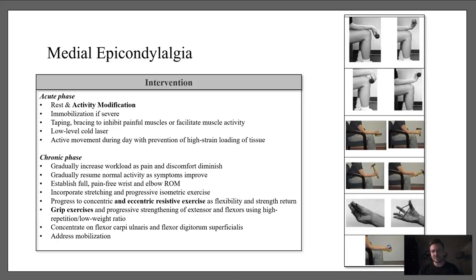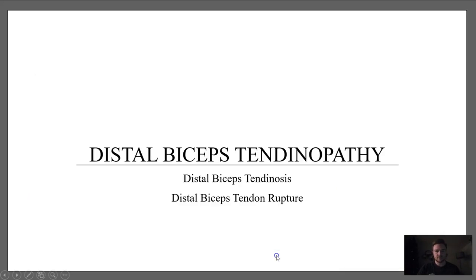You just focus on the flexor and pronator side of things instead of the extensor side of things. So you would include flexion, pronation, ulnar deviation, and then to round it out, of course, you do wrist extension, radial deviation, supination as well. And then really you have to take into account these individuals' occupation or sport and individualize the program for them. So that's the best way to treat medial epicondylalgia.